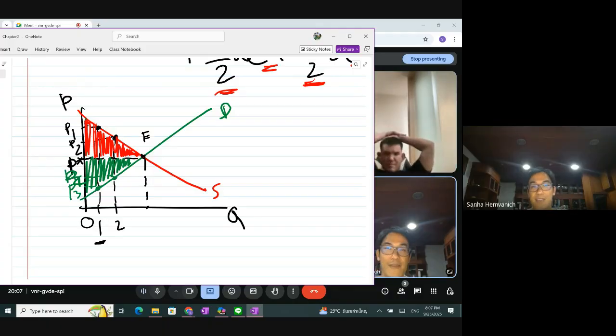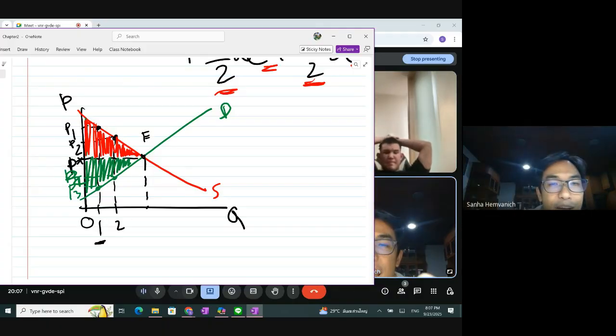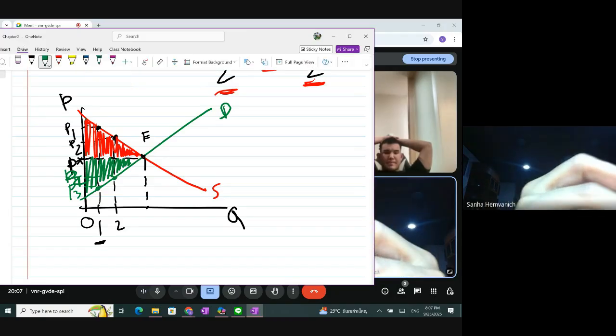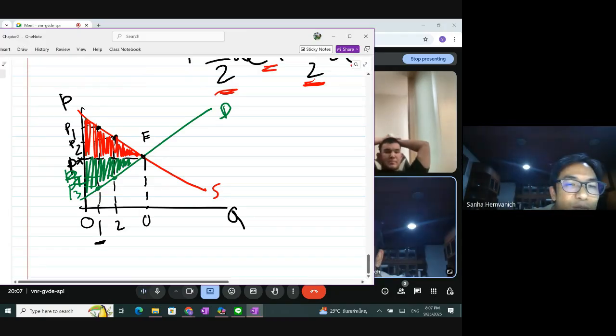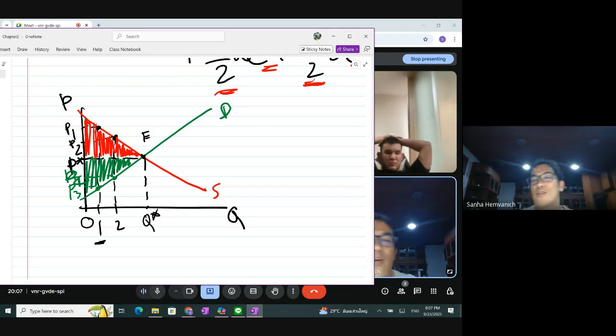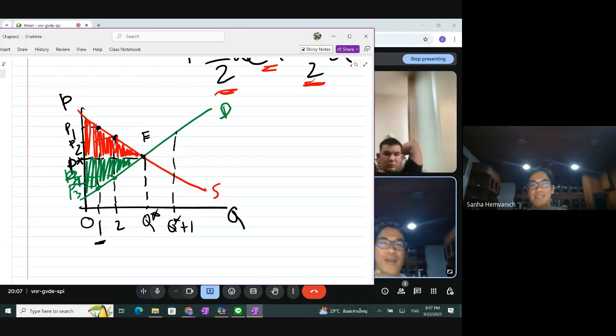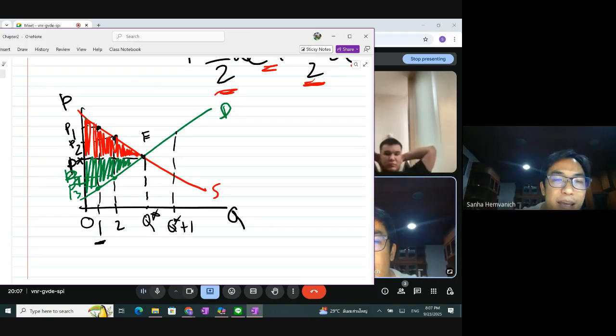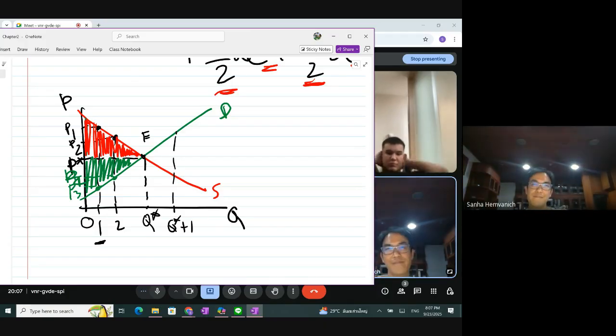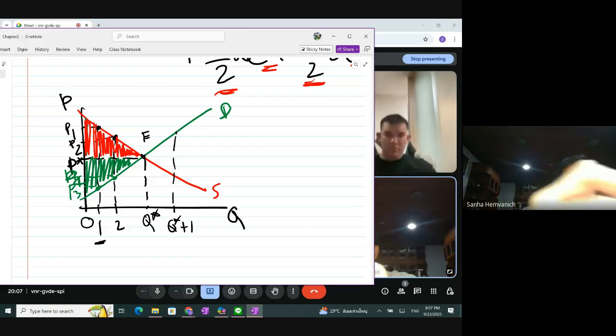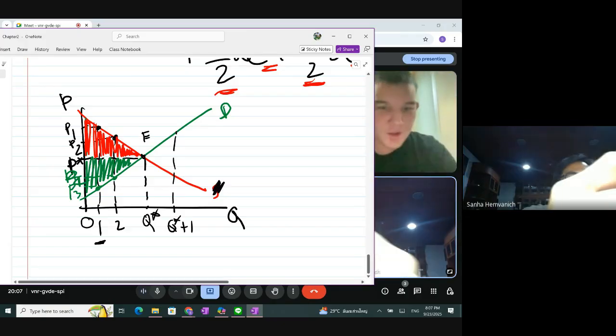After that, let's say this is Q star. If we go to Q star plus 1, I put it here. So I produce one more unit. You can see the benefit, I'm stupid, it is the demand curve.